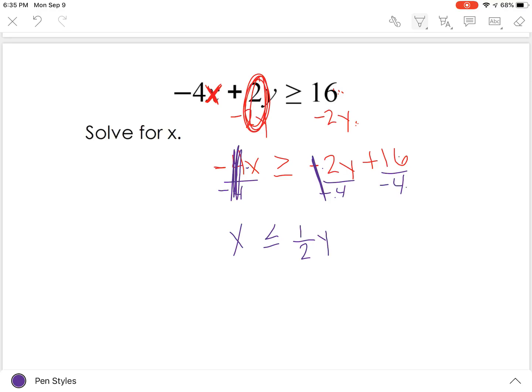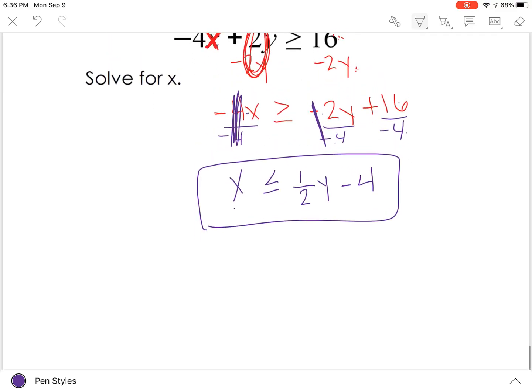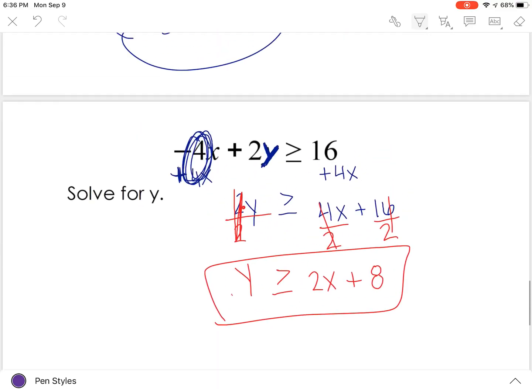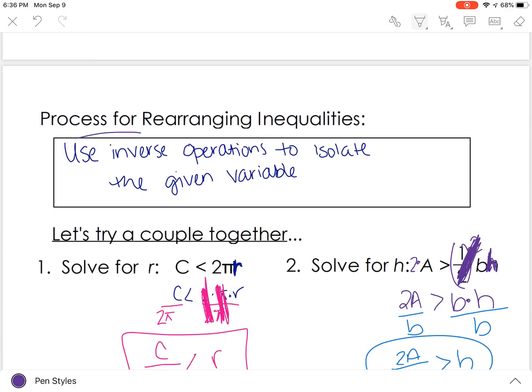And positive 16 divided by negative 4 is negative 4. x is isolated, so our answer is x is less than or equal to 1/2 y minus 4. These problems look a little bit different because they have a lot of variables, but all it boils down to is still using those inverse operations. Use those inverse operations and solve for whatever variable they tell you to.